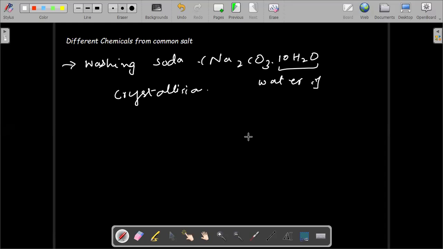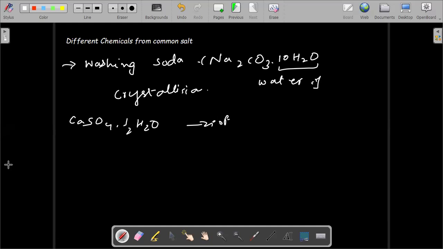Plaster of Paris. Okay, gypsum. Gypsum, very good. And calcium sulfate hemihydrate, that is plaster of Paris. Okay, CaSO4 dot half H2O, and this is POP, or plaster of Paris.